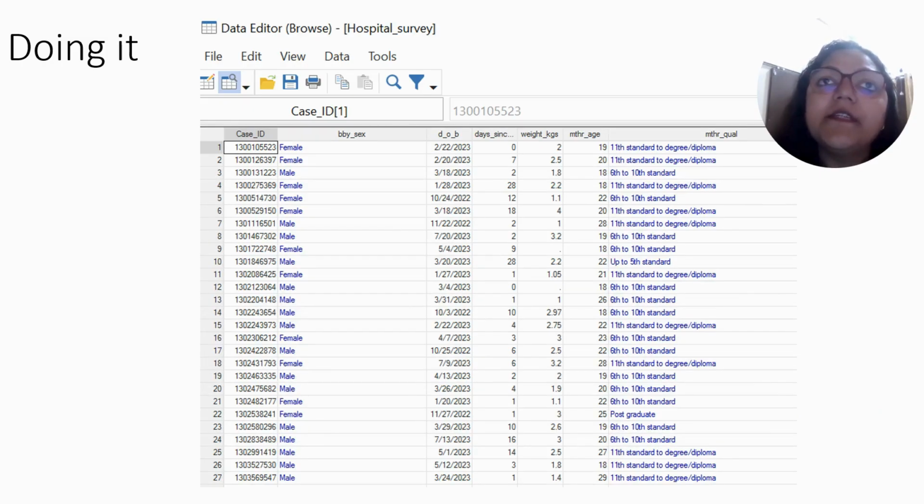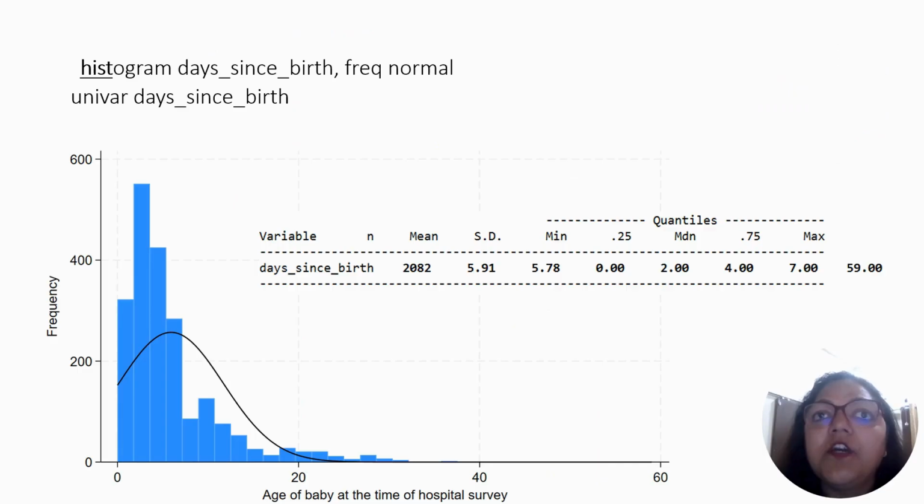We also looked at an example in which the age of the baby during the hospital survey was our primary outcome of interest. We looked at the histogram of this outcome variable and we summarized the distribution using summary measures such as the mean, standard deviation, and the quartiles.